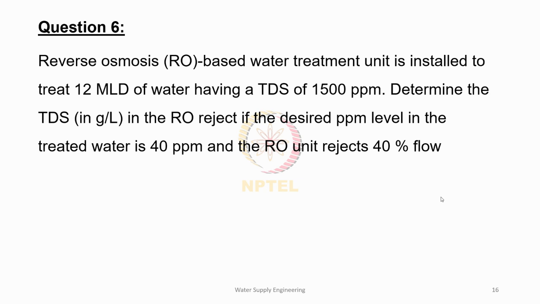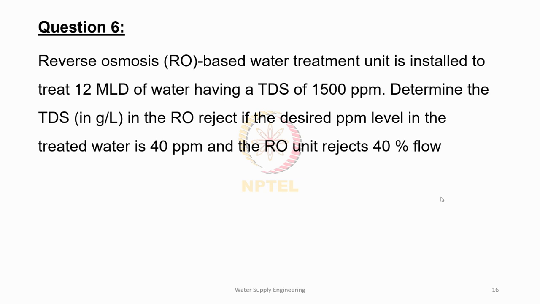Determine the TDS in gram per liter in the RO reject if the desired ppm level in the treated water is 40 ppm and the RO unit rejects 40% flow.